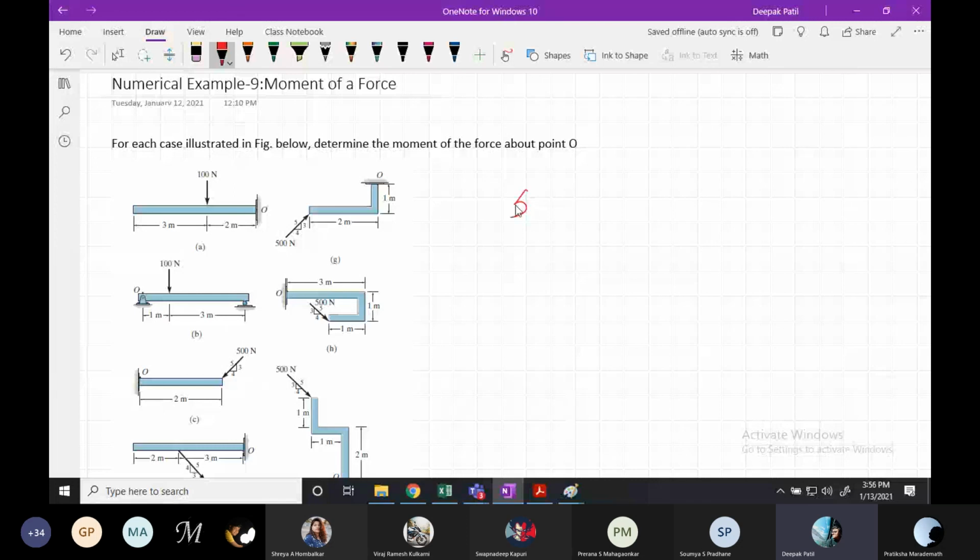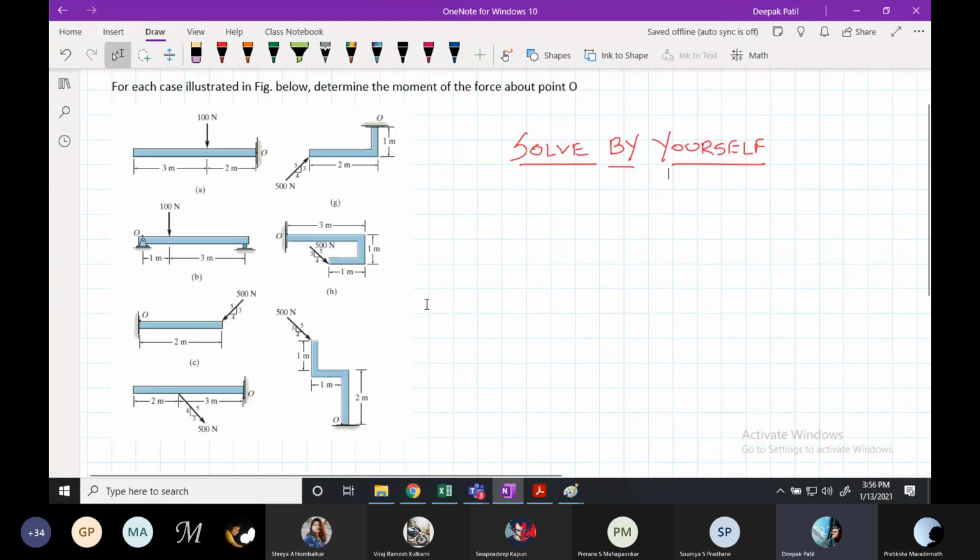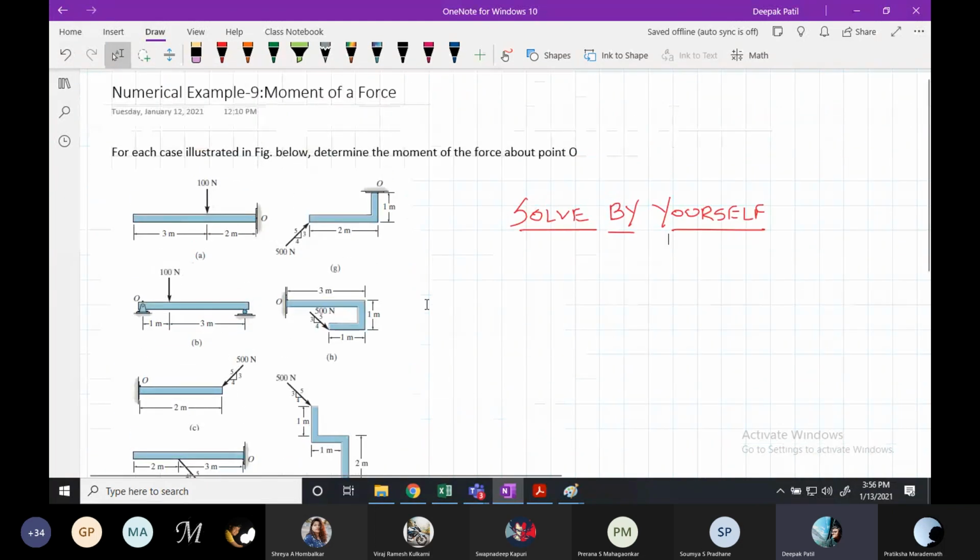So you have to solve by yourself. Is that okay, students? No need to take down.